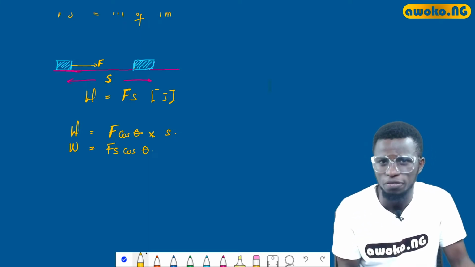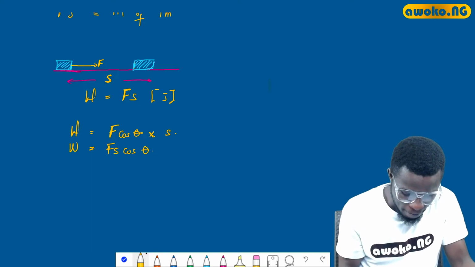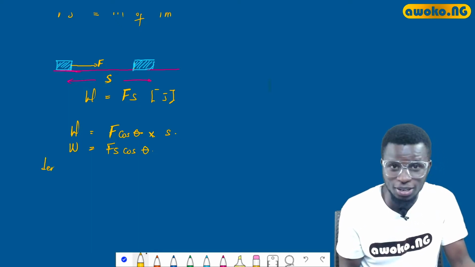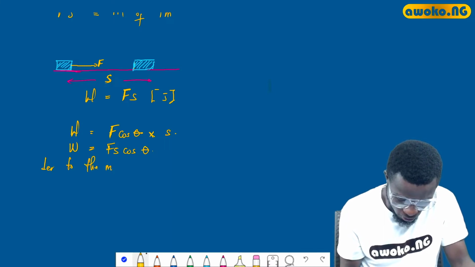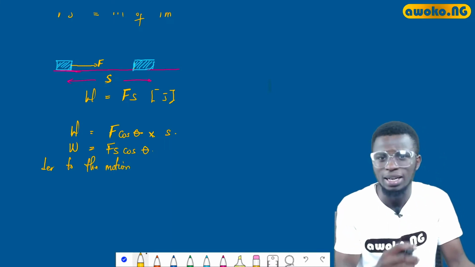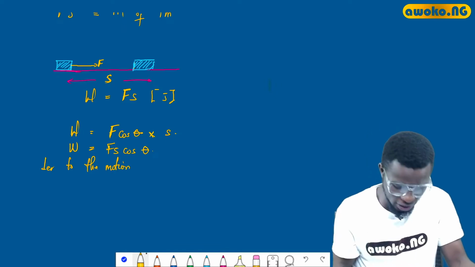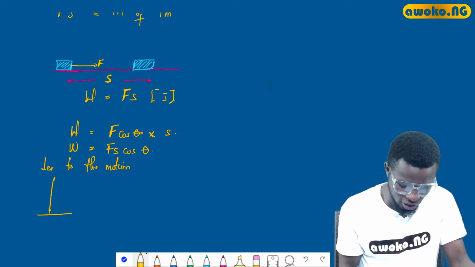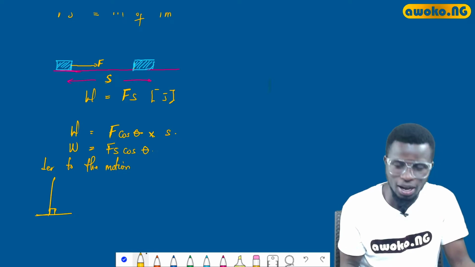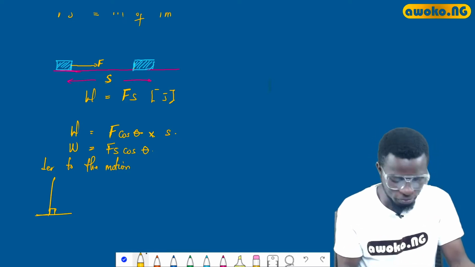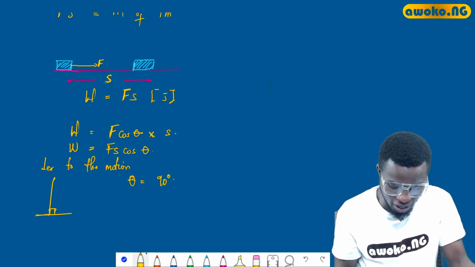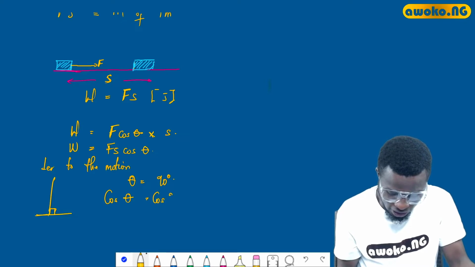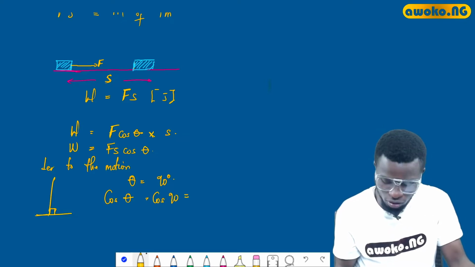Now, what if the force is inclined perpendicular to the motion? You know what perpendicular is now? It is inclined at an angle of 90 degrees to the motion, so theta becomes 90 degrees. If you check the cosine of theta, which is cos 90, of course, cos 90 is going to give us 0.